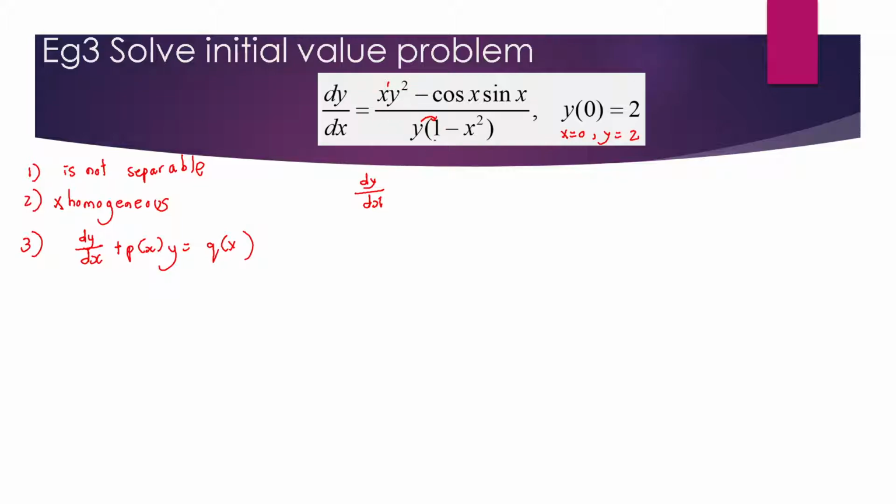The denominator is one term, so you can divide: xy squared divided by y(1 minus x squared), minus cos x sin x divided by y(1 minus x squared). Here, so you have x divided by 1 minus x, times y.